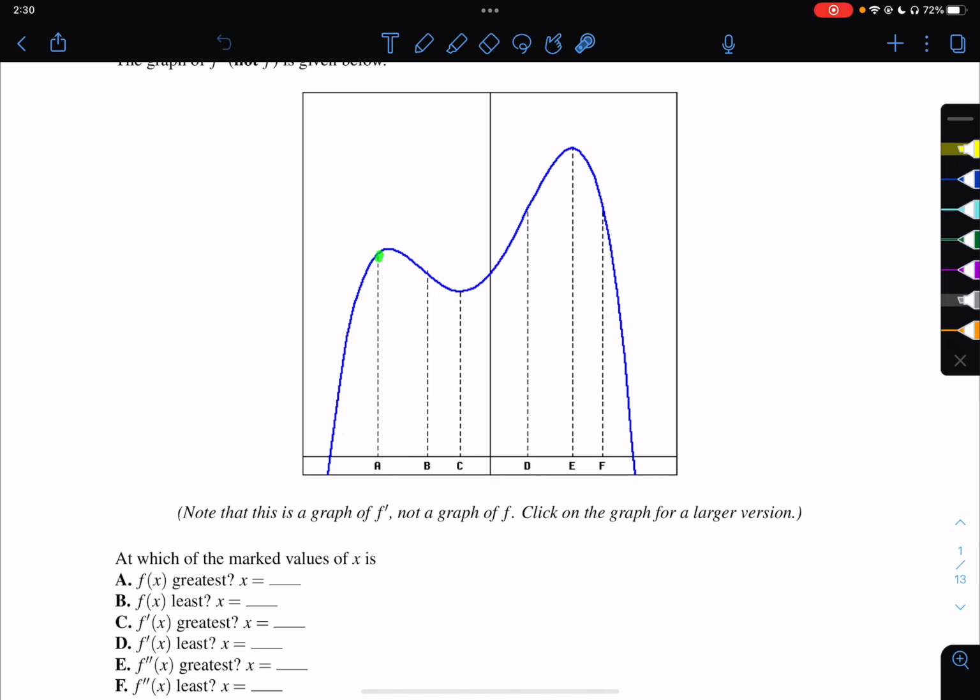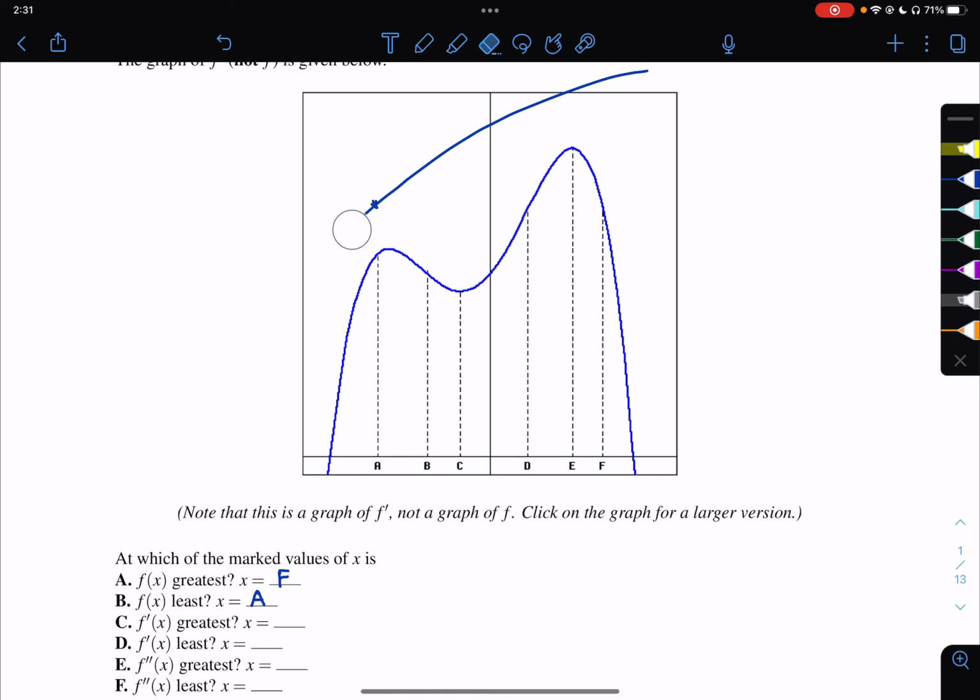Therefore, the function value at those points is going to keep getting larger and larger. So the one with the largest function value is the last one before I reach here. Therefore, the least function value must be the one on the left side because, again, my function keeps increasing, right? So the left one must have the smallest function value.